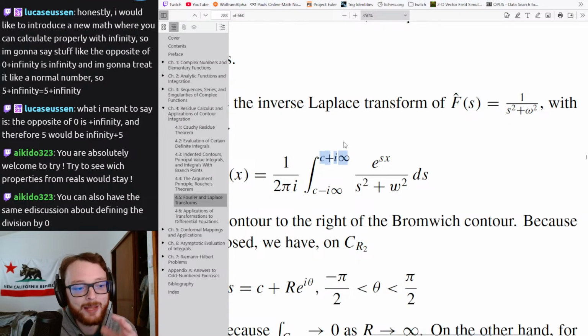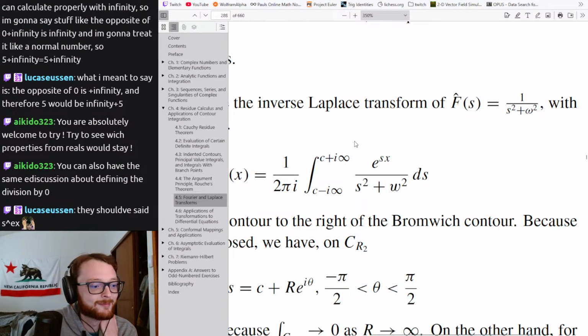This is really just sloppy notation. They're taking a shortcut here. So this infinity isn't truly a number, but it is super weird to see a real number plus an imaginary number times infinity. That's what you reminded me of. You're welcome to try to see what properties from the reals would hold.